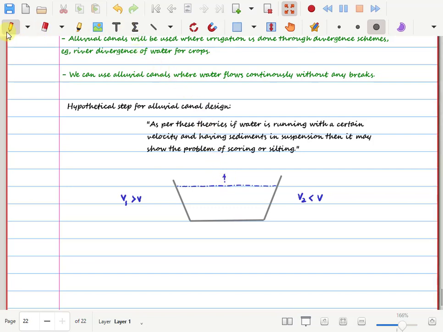Let's first draw the figure and then we will discuss everything one by one.